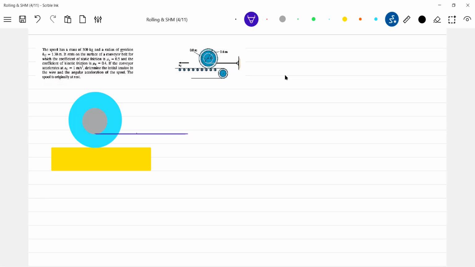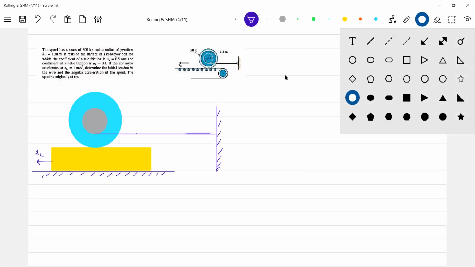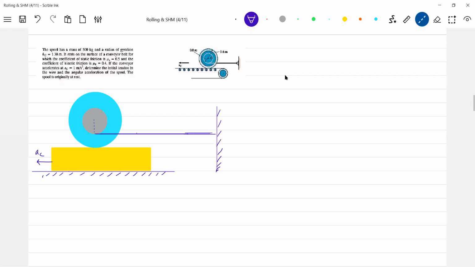I think you are quite familiar with this, it's like a spool, no? That particular belt only, let me make it a plank, at least you can think on this one. What is given? He has given the acceleration of the plank. Just for our understanding purpose, I made a diagram like this. Otherwise, straight away, we should start with that one only.